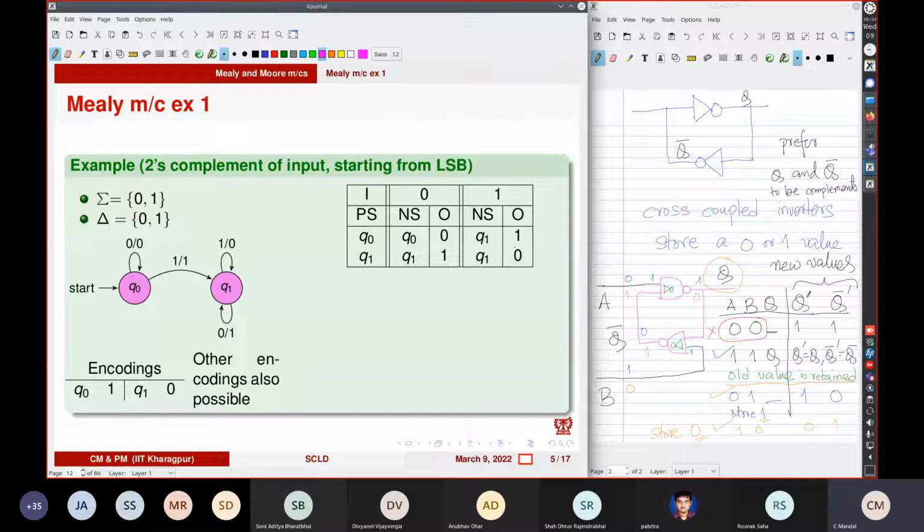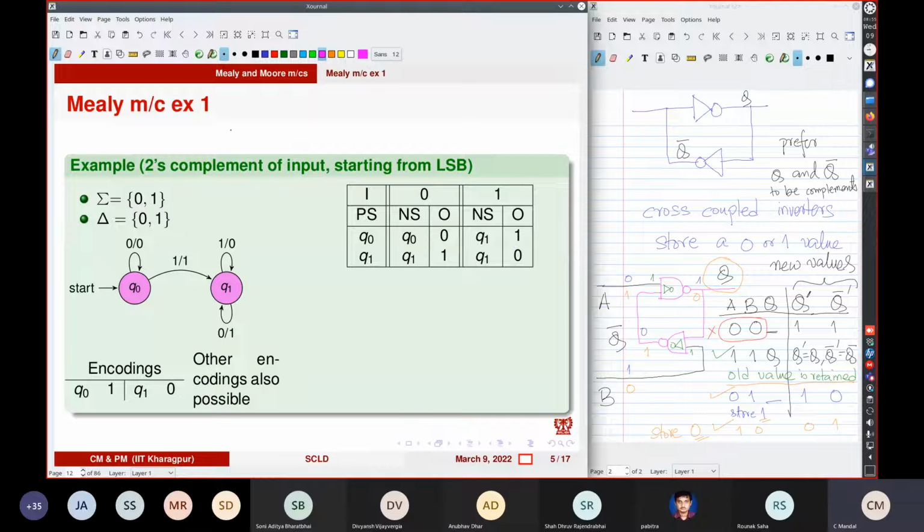So you could, for example, use 1 for Q0 and 0 for Q1. And if you substitute those values, then you get Boolean functions. So you have two functions, as you can see.